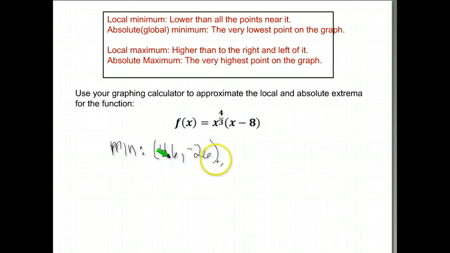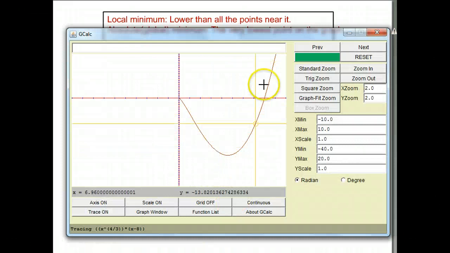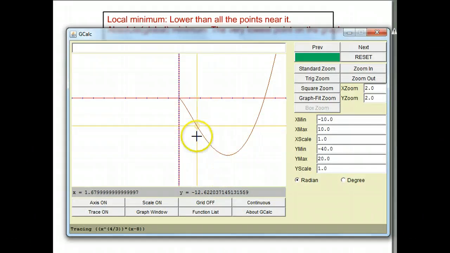We're approximating here. Okay, it's not just a minimum, it's an absolute minimum. It's not just lower than the points around it, it's lower than everything else on the graph. Nothing else drops below it. Now here, you might be tempted to call this a maximum point, a relative maximum, but based on the definition in your textbook, a relative maximum has to be higher than the points both to the left and to the right of it.